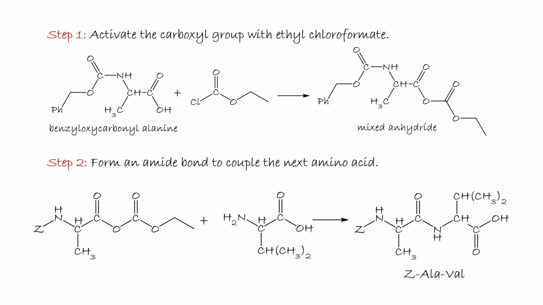The protected amino acid then reacts with ethyl chloroformate to form the mixed anhydride and activate this carbon toward nucleophilic attack. Then react this protected and activated species with the second amino acid, valine.